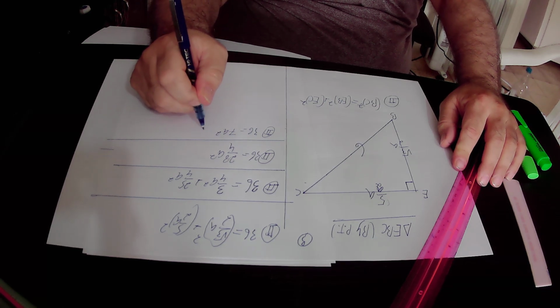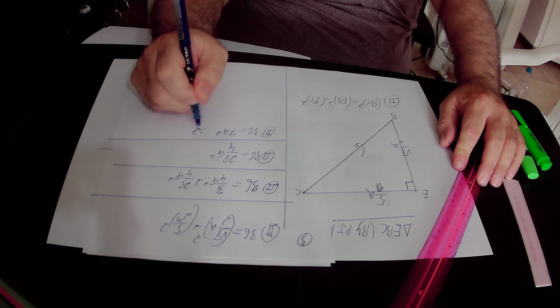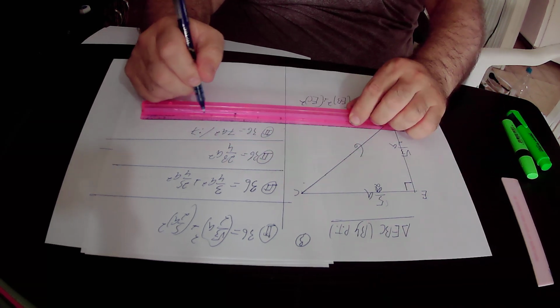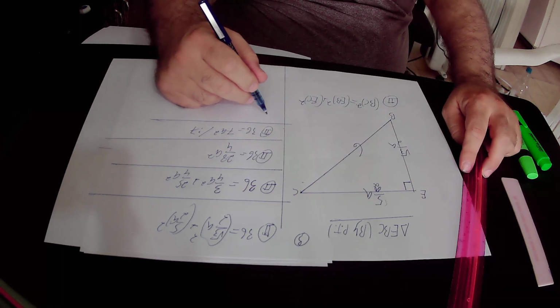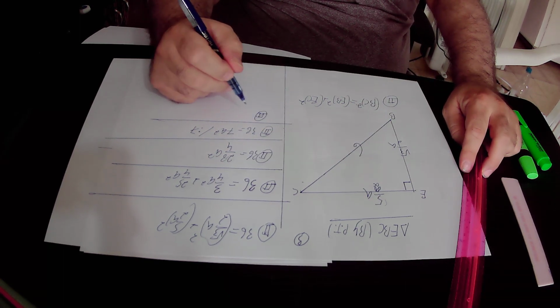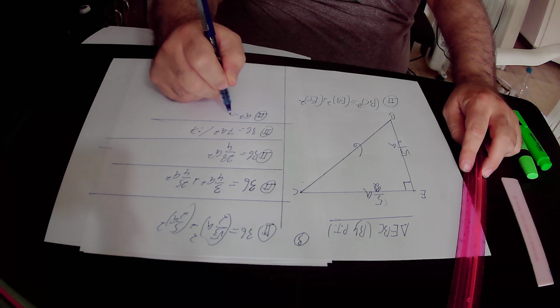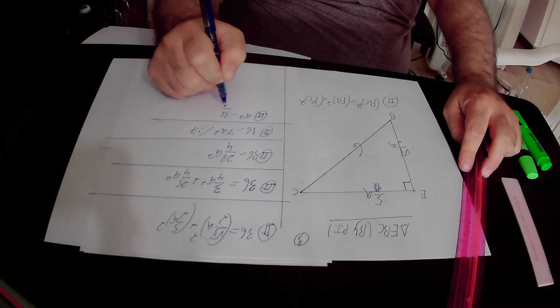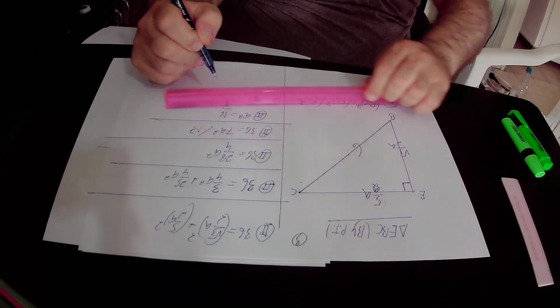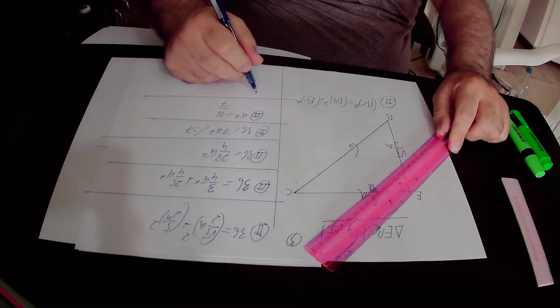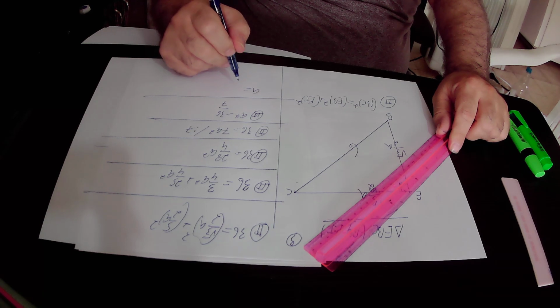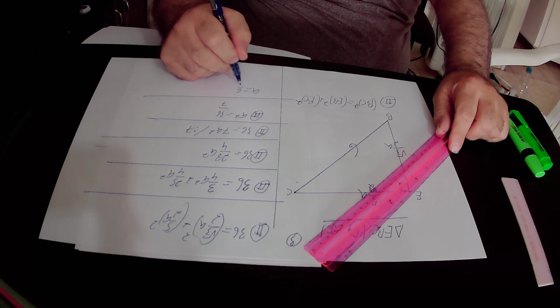Here we divide this equation number 2 by 7, and we get that A squared equals 36 over 7. Here we take a root of this equation, and we get that A equals square root of 36, that is 6, over square root of 7.